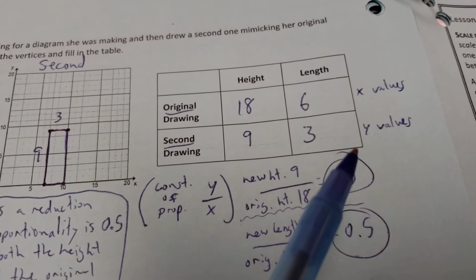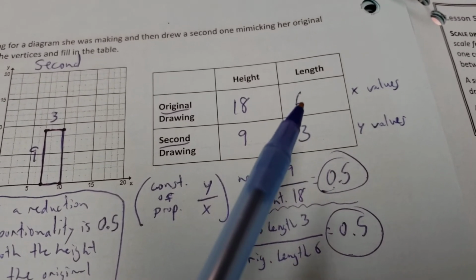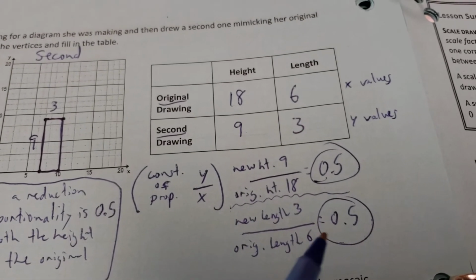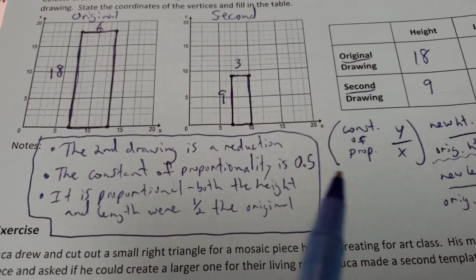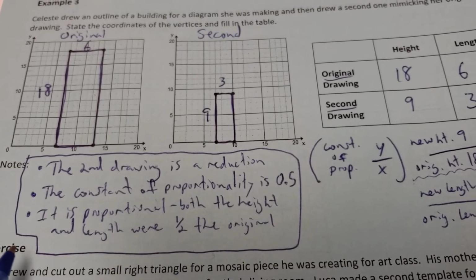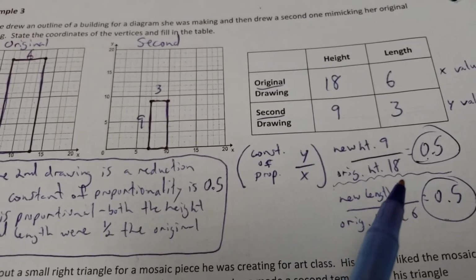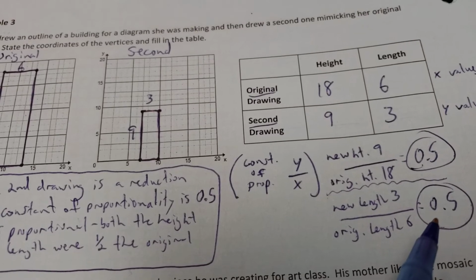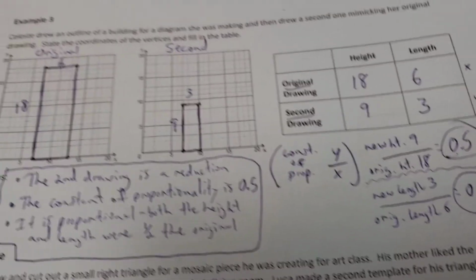And if I do that same thing for the length of my second drawing, if I took my 3 divided by my 6, remember y values divided by x values, once again, I get 0.5, or 1/2. So that constant proportionality is 0.5. It's proportional because both the height and length were half of the original. We know this is a proportional relationship. We know they're scale drawings of each other because you had that same constant proportionality between the height and the length. They each grew to half the size.